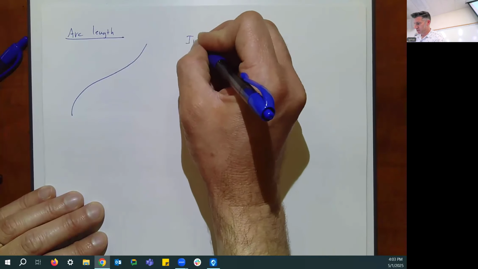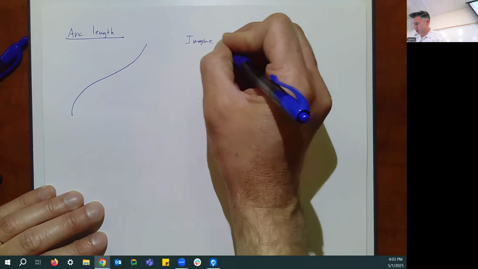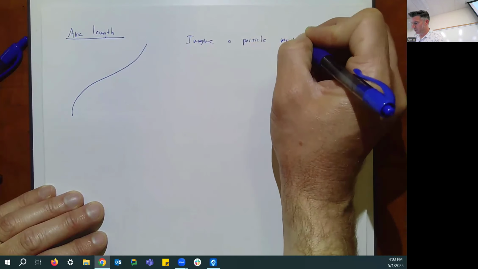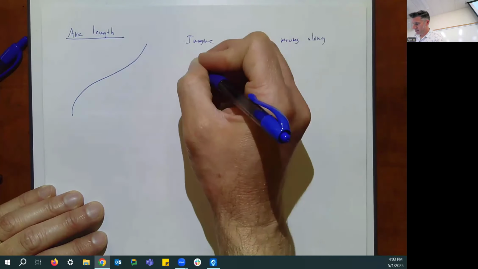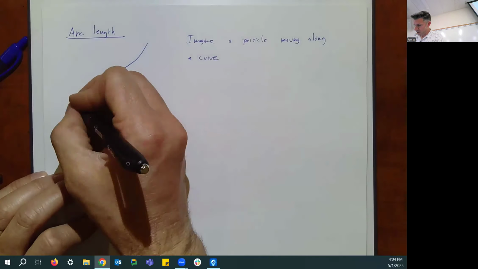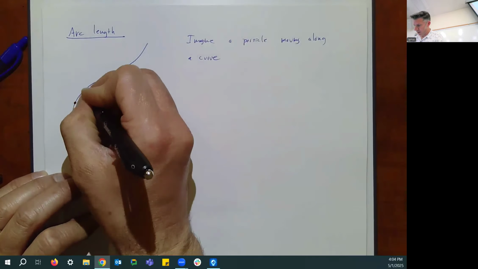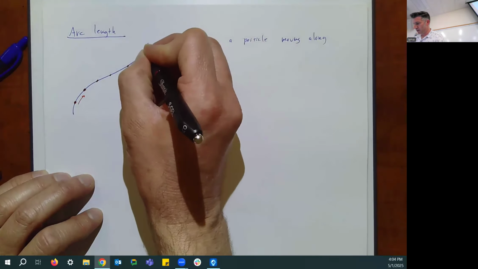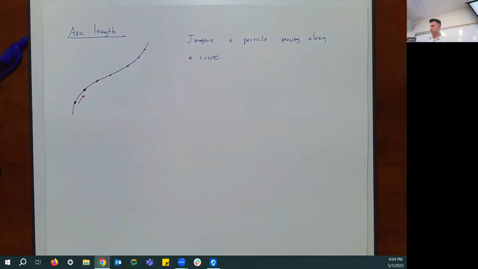Imagine a particle moving along a curve. So maybe it starts here and moves in this direction to here, and then to there, and then to there, and so on and so on. Just keeps moving along the curve in one direction.